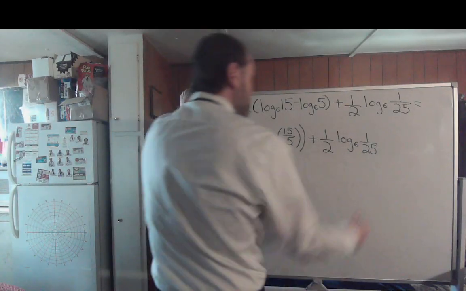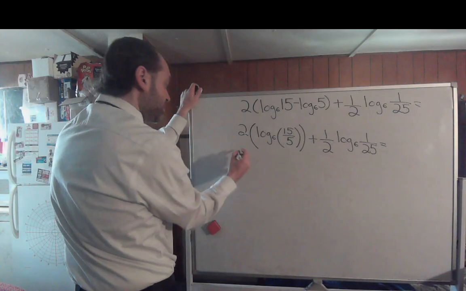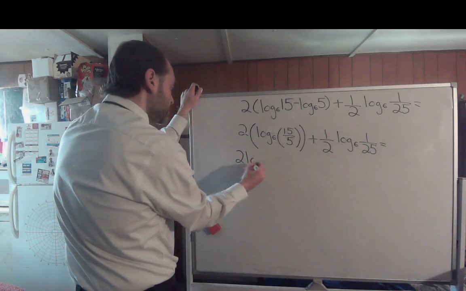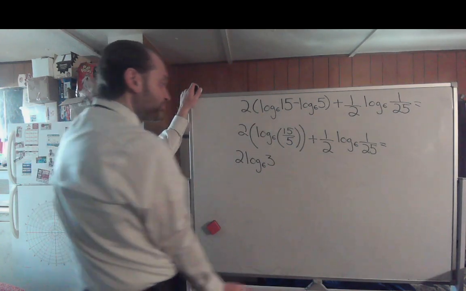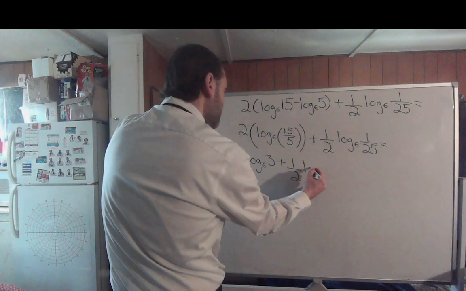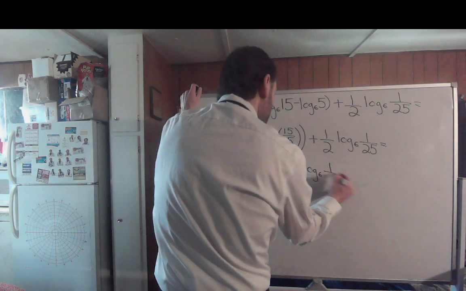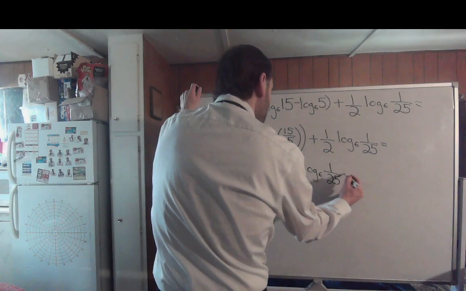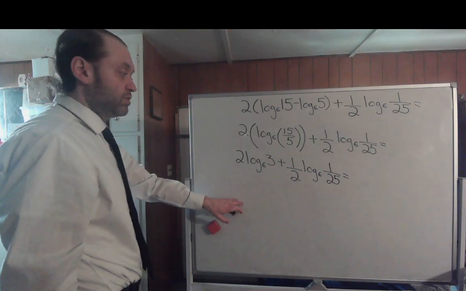Alright. Well, let's simplify the first one. The 15 divided by 5 is 3, so this would turn into 2 log base 6 of 3 plus 1/2 of log base 6 of 1/25. Alright, so on both of these terms now you have the same base, but you have a power rule.